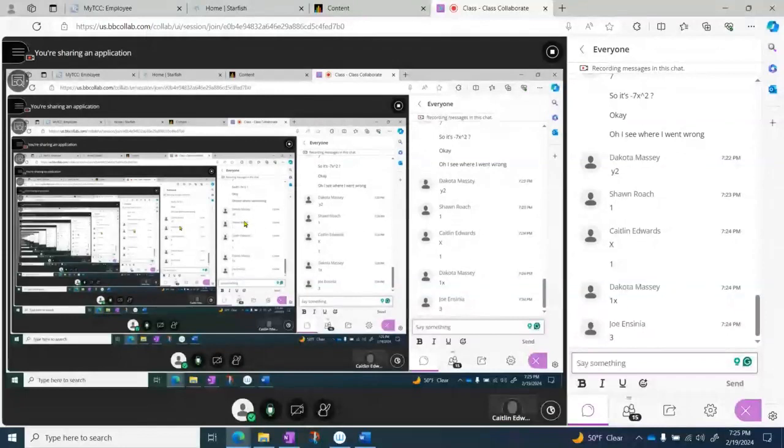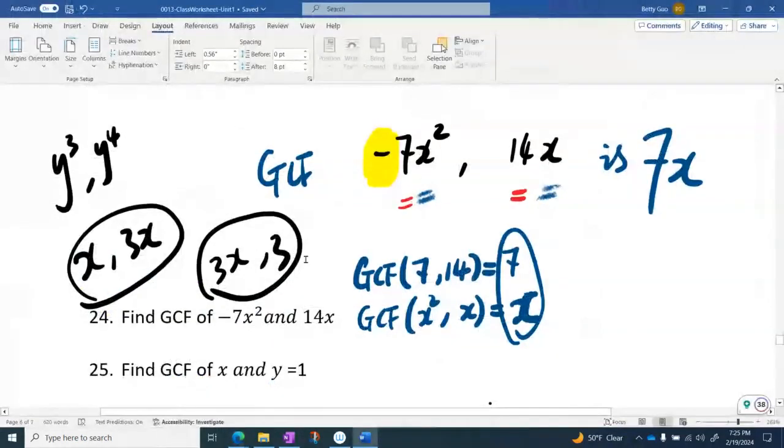We can always find the GCF of two terms by parts. Look at their coefficients first, and then look at their variable parts after. So that's this topic, GCF and LCM.